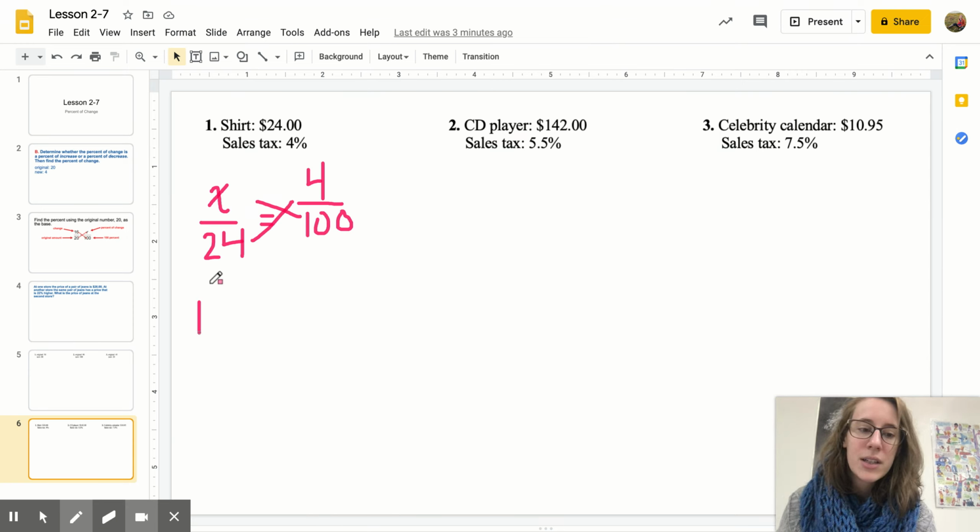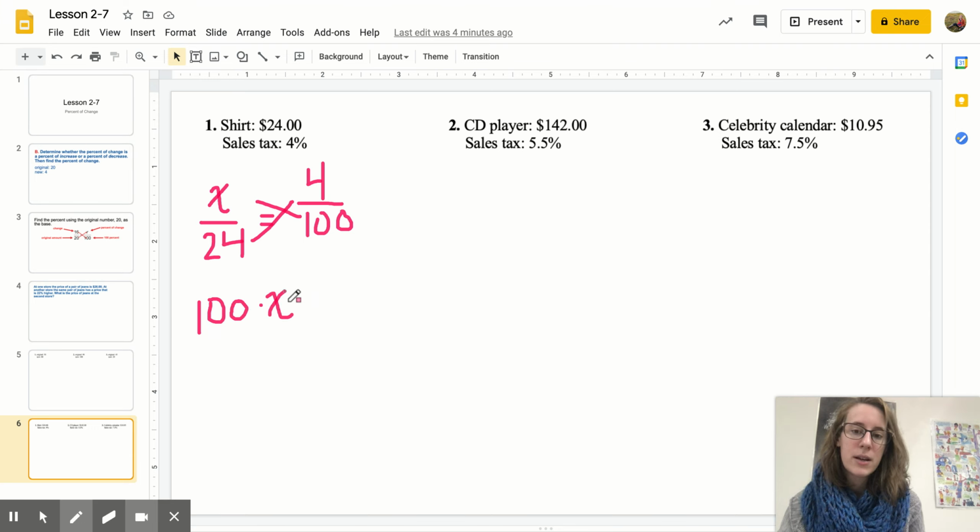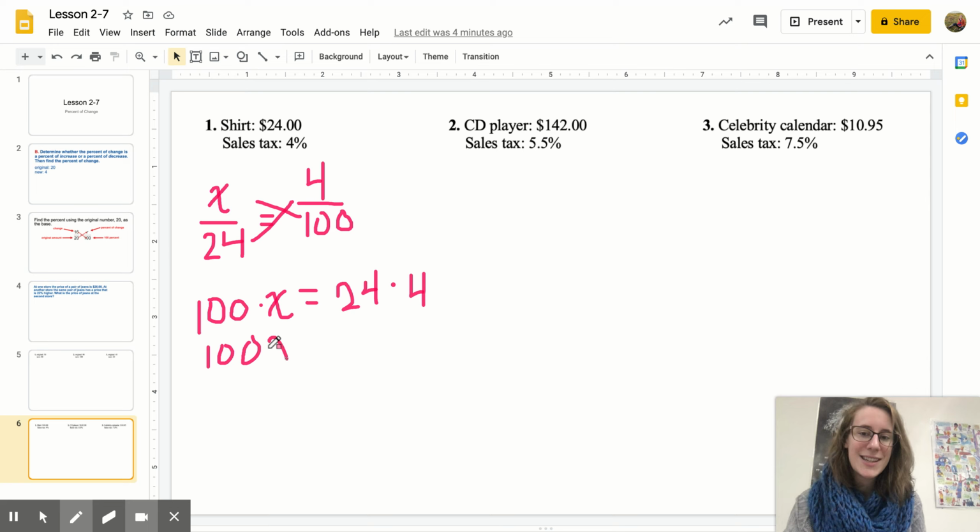So 100 times X and 24 times 4. So that gets us to 100x equals 24, 48, 48 doubled is 96.